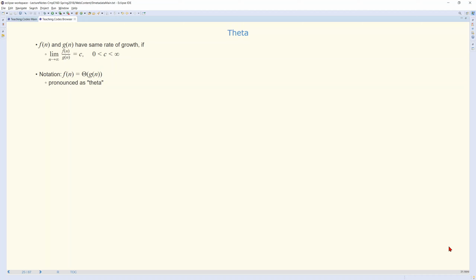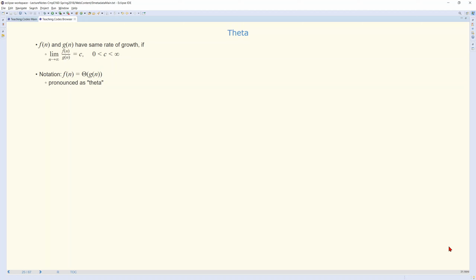So in other words, for example, if f of n is twice g of n, the limit of f of n over g of n would be 2 as n goes to infinity. You might say f of n is twice as bad as g of n. I don't care. For me, it's some constant value, so it's tolerable. So no matter how large or small c is, the important thing is it's a constant value.